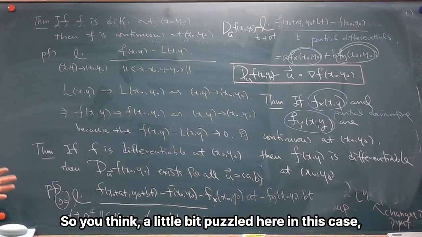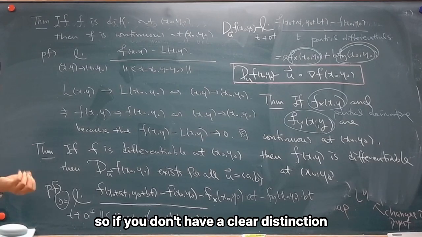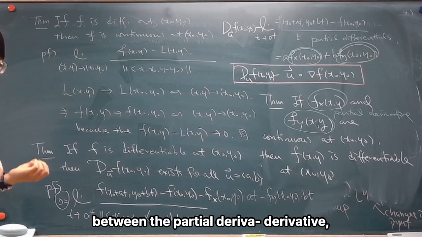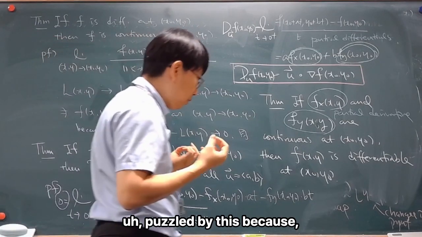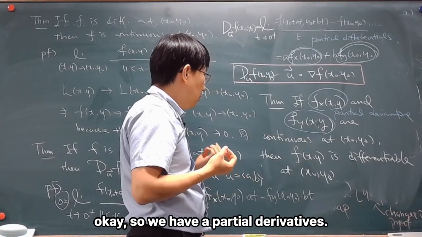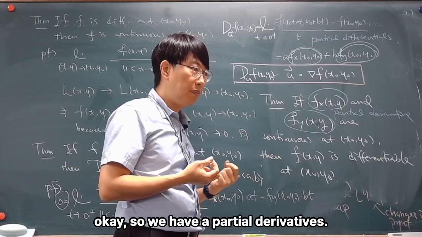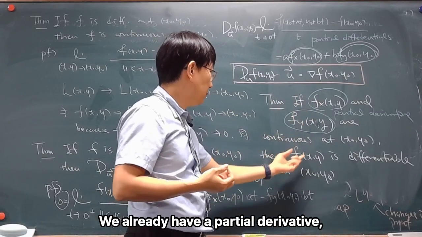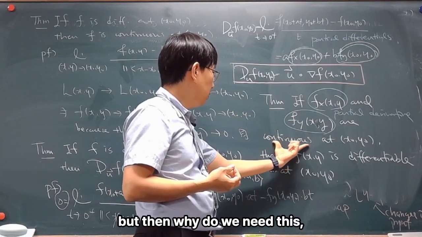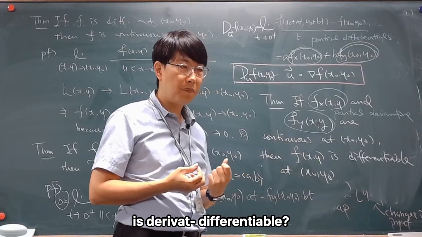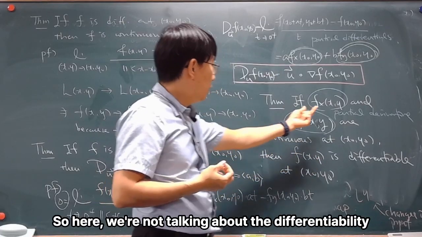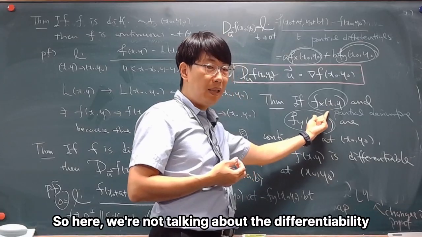So you might be a little bit puzzled in this case. If you don't have a clear distinction between the partial derivative and the derivative itself, you might be really puzzled by this, because, okay, we already have partial derivatives. But then why do we need this extra condition to conclude the function is differentiable? Here, we're not talking about the differentiability of a function.